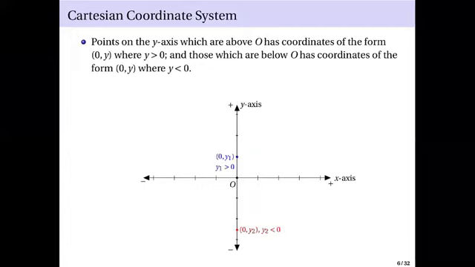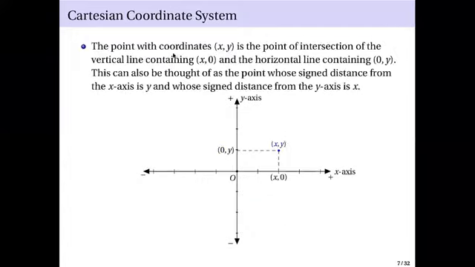And now we have the following. The point with coordinates x, comma y is the point of intersection of the vertical line containing x, comma 0, for instance, this is your x, comma 0 in here.